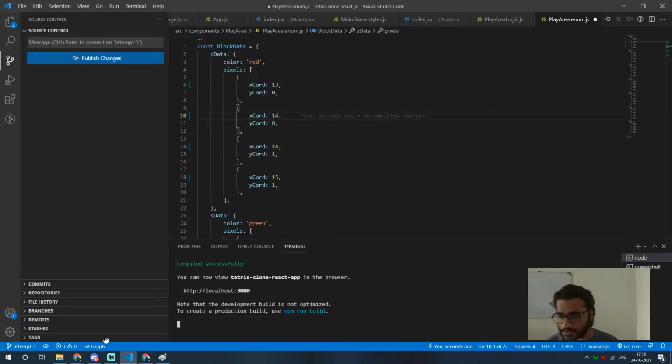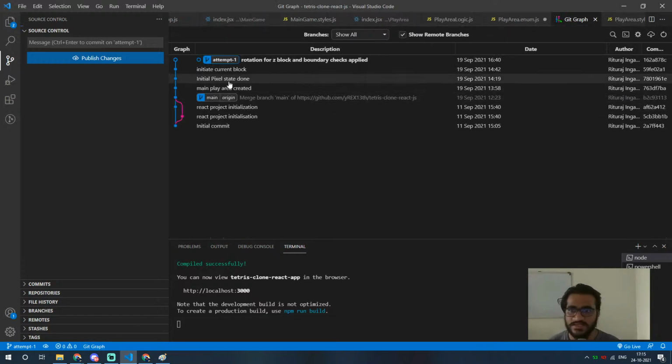I first made a commit like main play area, then initial play state, then initial current block. These are stable states, right?